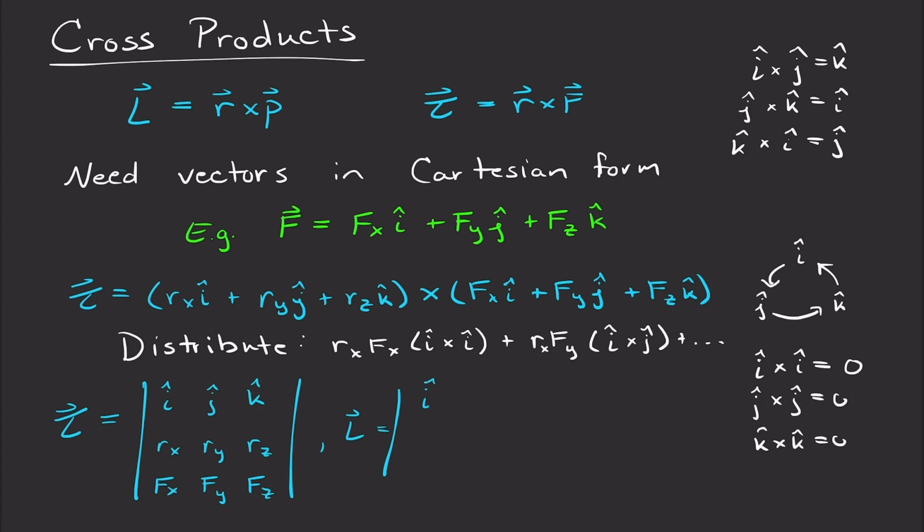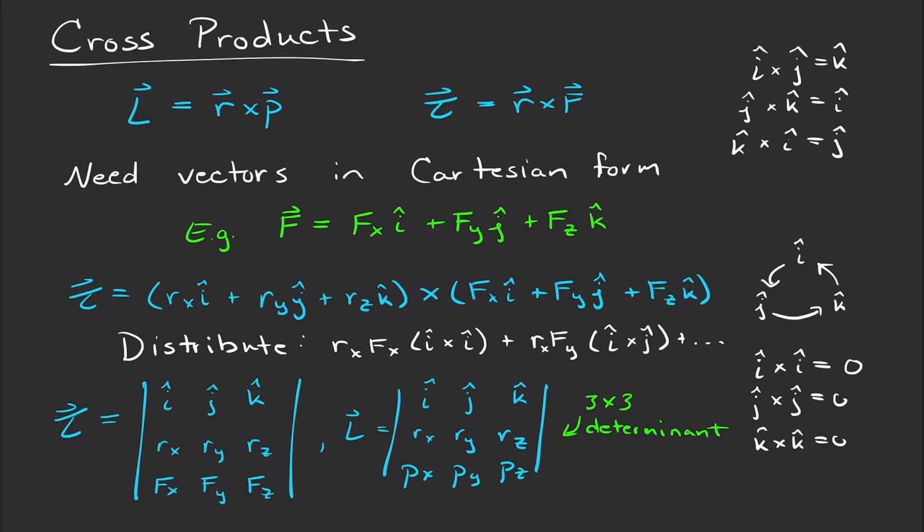Again, your unit vectors in the top row, then r in the second row, and p in the last row, so the x, y, z components of momentum. You can evaluate this 3x3 determinant to determine these angular quantities or evaluate your cross product.